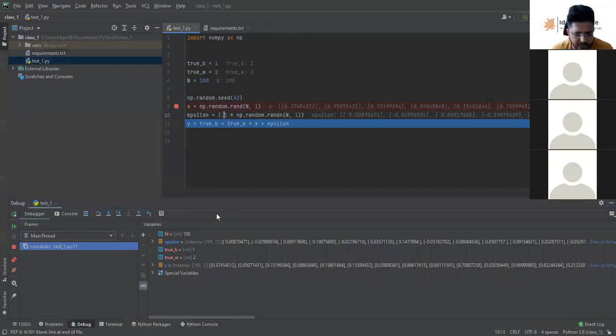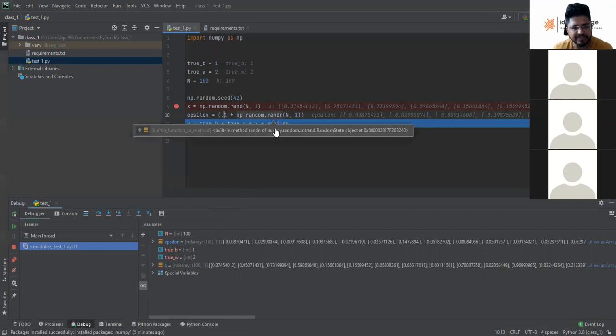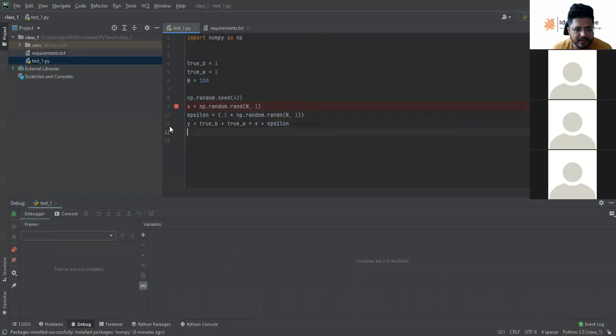Now you can ask, can we not do it 0.01? Yes, we can do 0.01 also. If you want to keep the error much smaller, then you can keep it 0.01. But here 0.1 is good enough, because we are making the error 1/10th of the total standard random distribution of n. Now with this value I am getting my y.